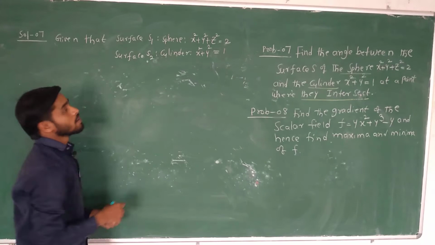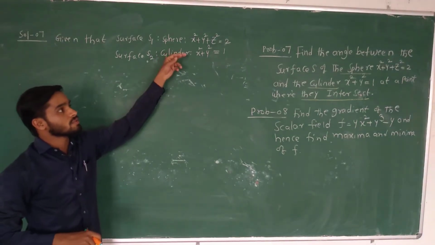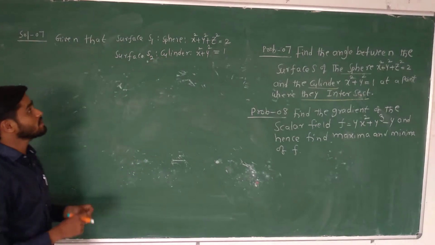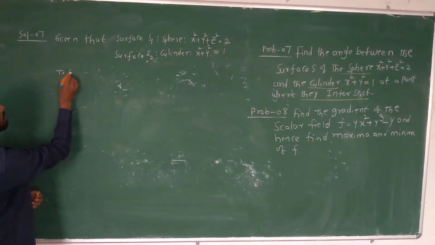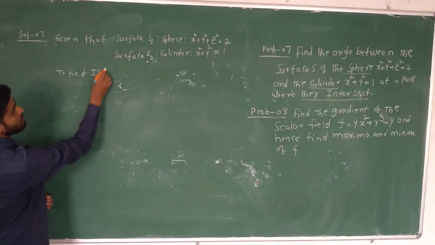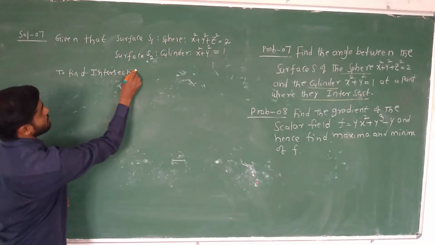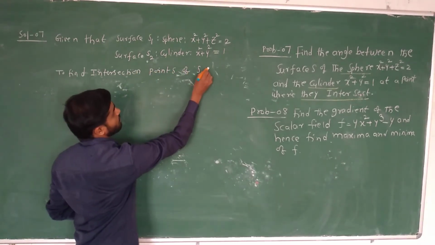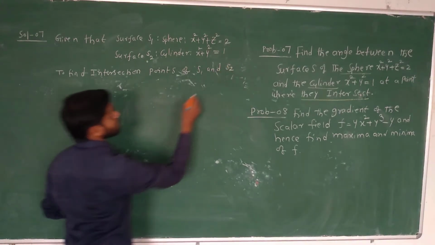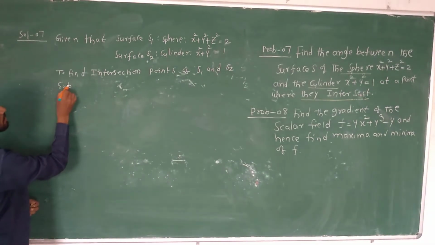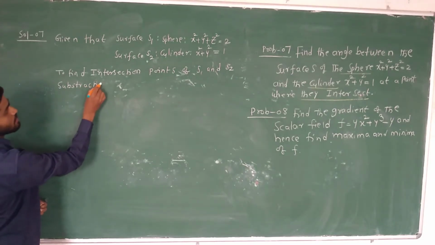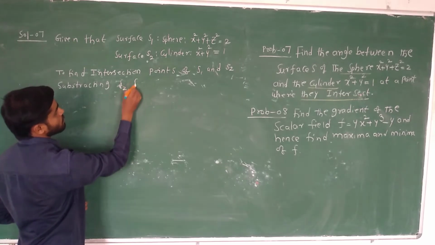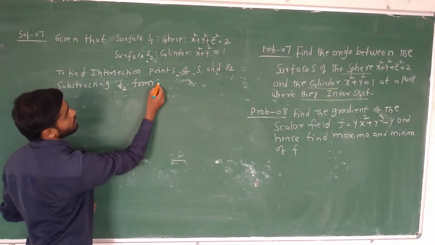To compute the intersection points of S1 and S2, subtract S2 from S1.